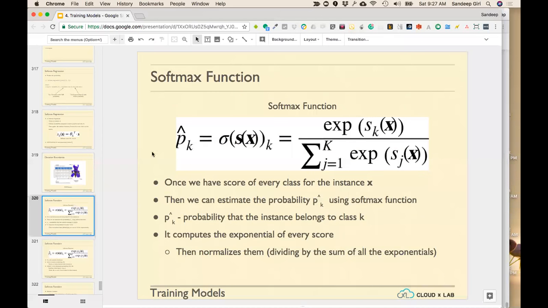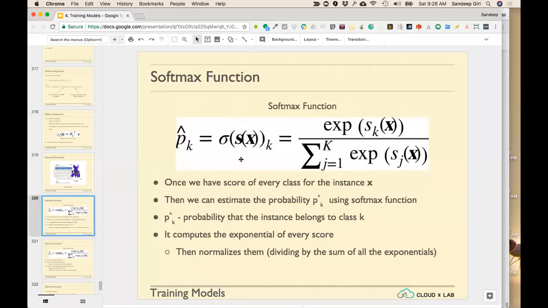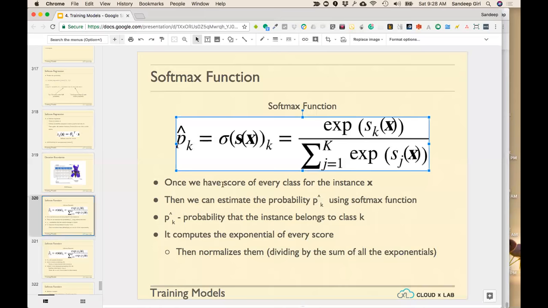So all it does is, in the beginning, at the end of the day, the probability. This is the probability.